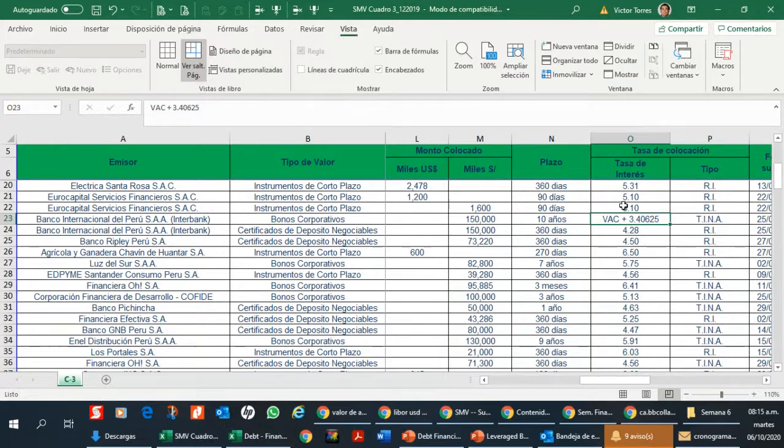So in this case, this valor actualización constante is updated every time this corporate bond pays, and basically you're going to receive the inflation rate plus 3.4625% as the interest rate that you are going to be collecting from the company, in this case Interbank, as part of their investment, right?